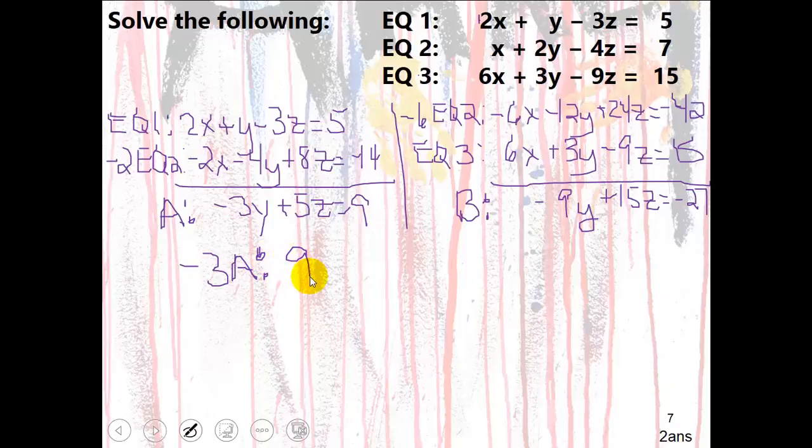And I get 9y minus 15z is equal to, oops, this should be a negative 9 here. Let me do a little erasing. Sorry, you're probably fretting about that. Equals positive 27.